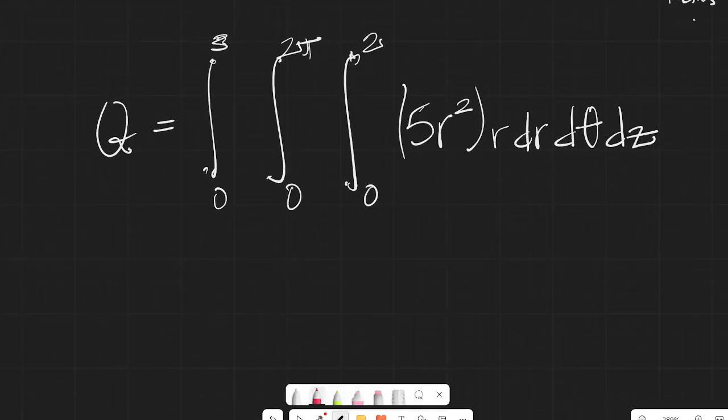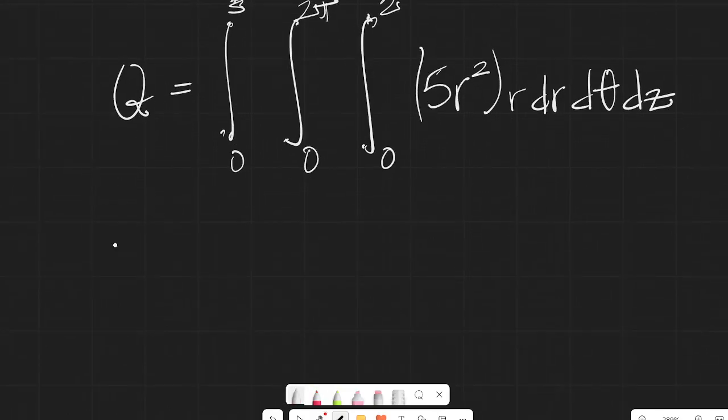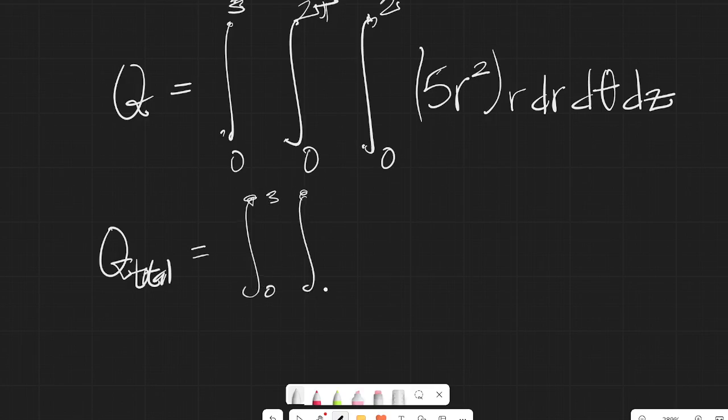I see no reason why we cannot just evaluate the integral now and get the total charge. I'm going to do this rapidly, but as fast as I can write neatly.